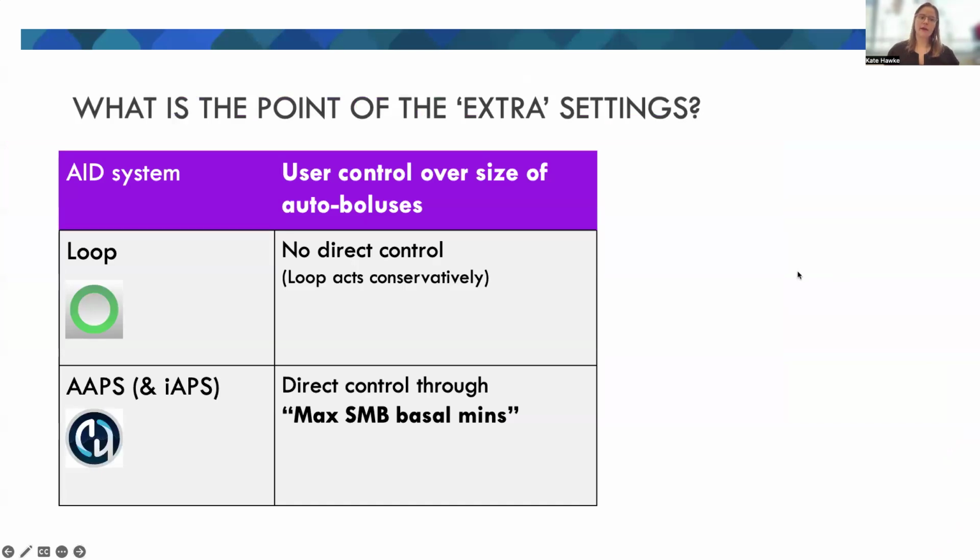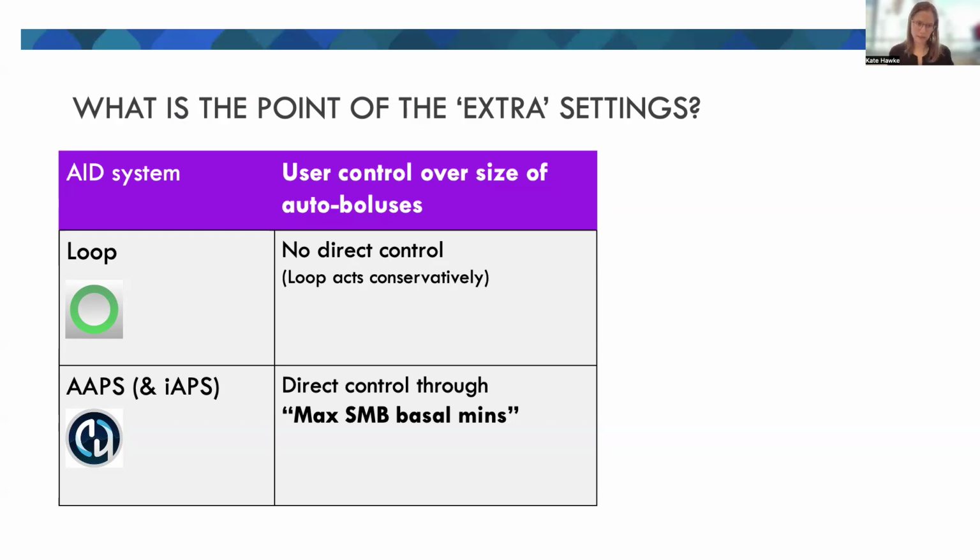Firstly, there is this idea of user control over the size of autoboluses. So in Loop, there is no direct control of the user to set what percentage or how high of the total autobolus required, how much is given in one Loop cycle. There's no setting for that within Loop, nor in any commercial system that I'm aware of.